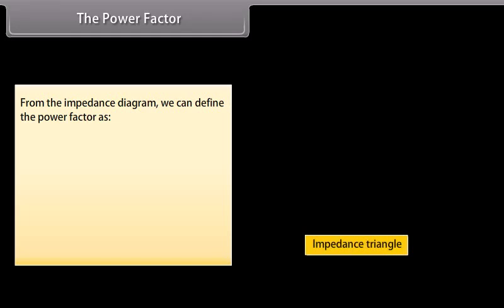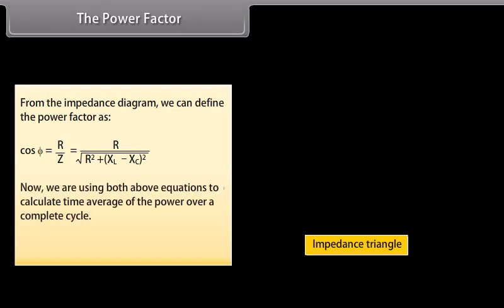From the impedance diagram, we can define the power factor as cos phi equal to R upon Z, which is equal to R upon under root R square plus XL minus XC square. Now, using both above equations to calculate the time average of the power over the complete cycle, P bar is equal to the product of I RMS square and R.